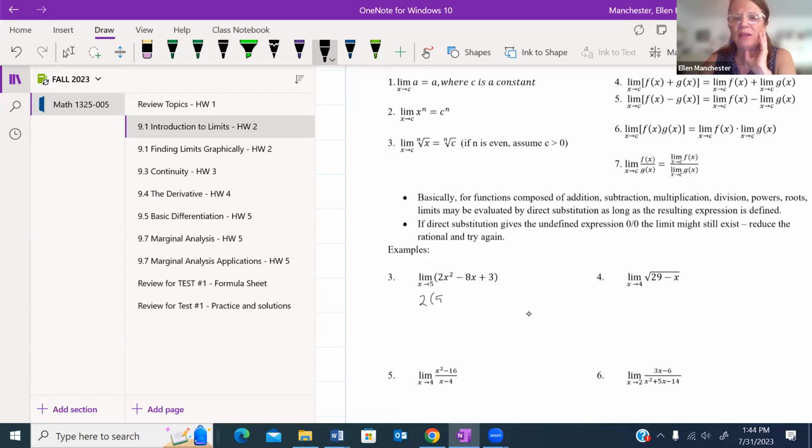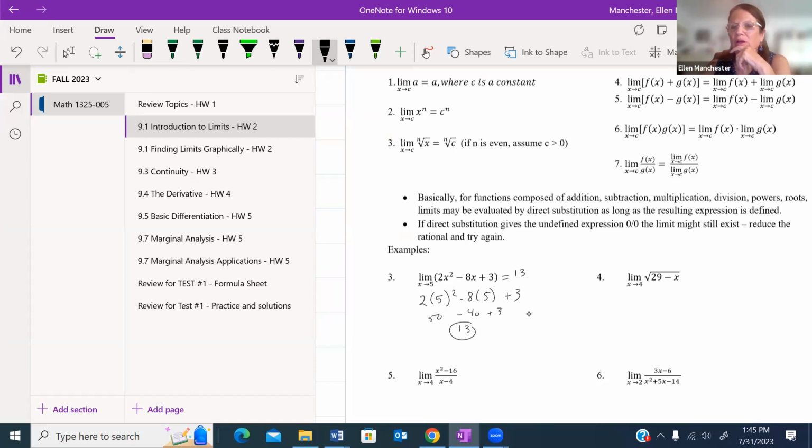So I take out the x, plug in 5, take out the x, plug in 5, and now I use order of operations to calculate. 5 squared is 25, times 2 is 50. 8 times 5 is 40, plus 3. So 50 minus 40 is 10, plus 3 is 13. So the limit as x approaches 5 of this function is 13. Just plugged in the values, worked it out.